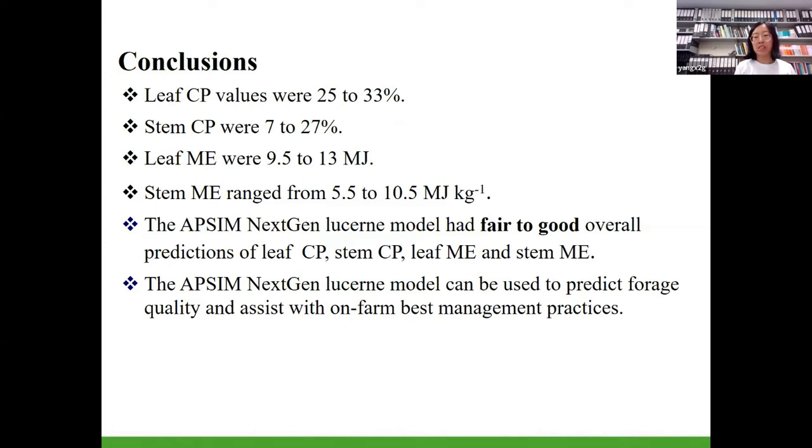The APSIM NextGen Lucerne model has a fair to good overall prediction of leaf crude protein, stem crude protein, leaf ME, and stem ME. The model can predict forage quality, which will be very useful for on-farm management practices. Just a comment for those of you from North America, we use ME here.